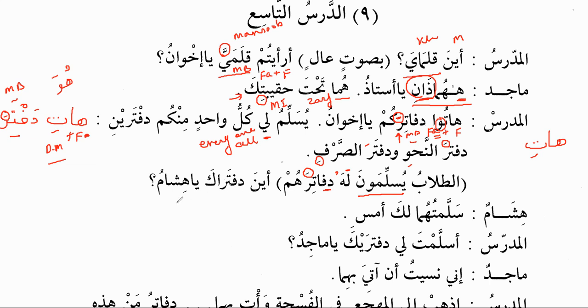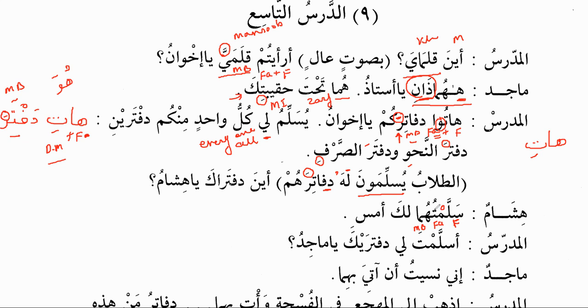Aina dafatiraka ya Hisham? So the teacher is asking, where is your notebook, Hisham? So Hisham says, Sallamtuhuma laka ams. So this is fail, tu is the file, and huma is the maf'ul bihi. So the whole word is a jumla in itself, because you have fail, file, and maf'ul bihi, all three of them in this single word.